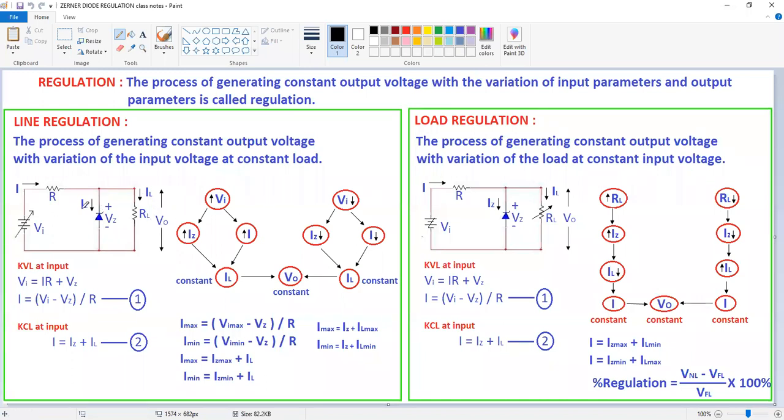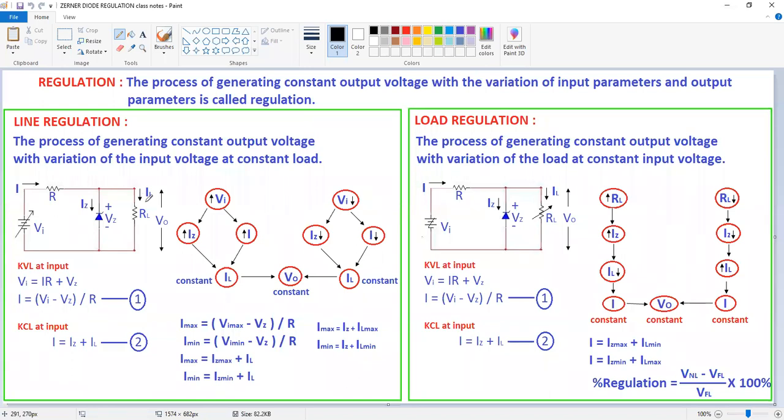But because of the Zener diode present in the circuit, we are maintaining the output voltage as constant when you are varying the input parameter as well as the output parameter.